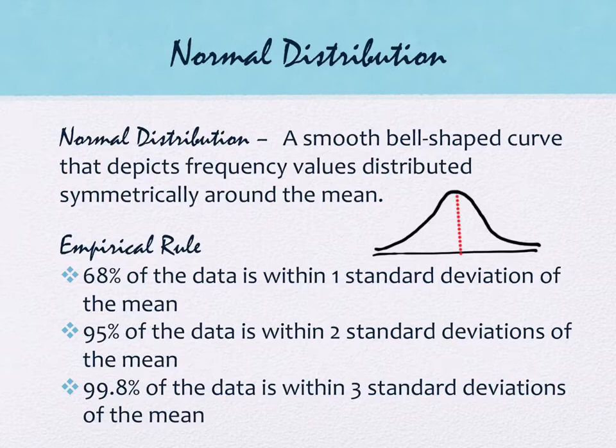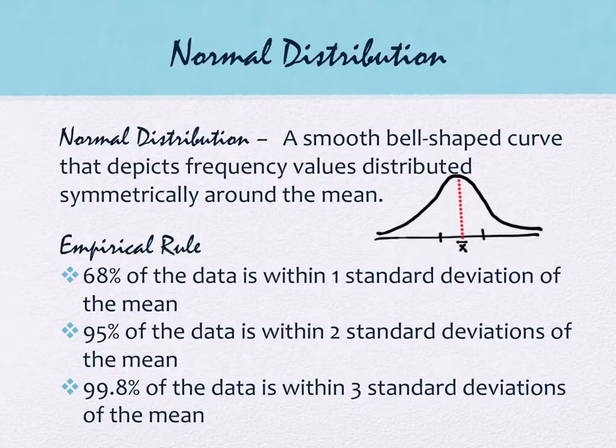We good with this? Okay, if we go out 1 standard deviation, this is our mean, X bar, right here. And if we go 1 standard deviation in either direction, again, not perfect, but we'll go with it, from here to here, that's 68% of the data. The data itself is all distributed underneath here. These are all of my data values.